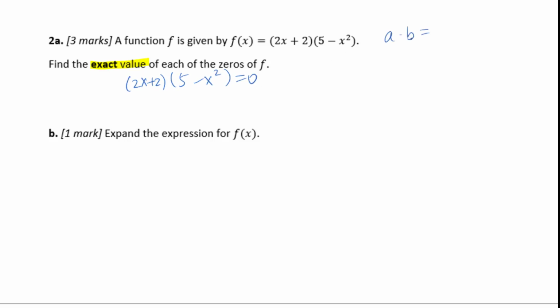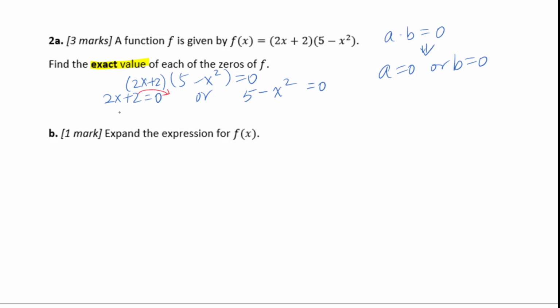Remember, a times b equals 0 means a equals 0 or b equals 0. So we have 2x plus 2 equals 0, or 5 minus x squared equals 0.